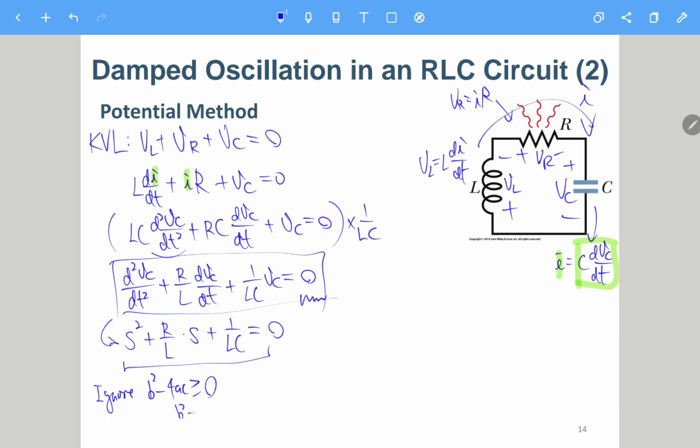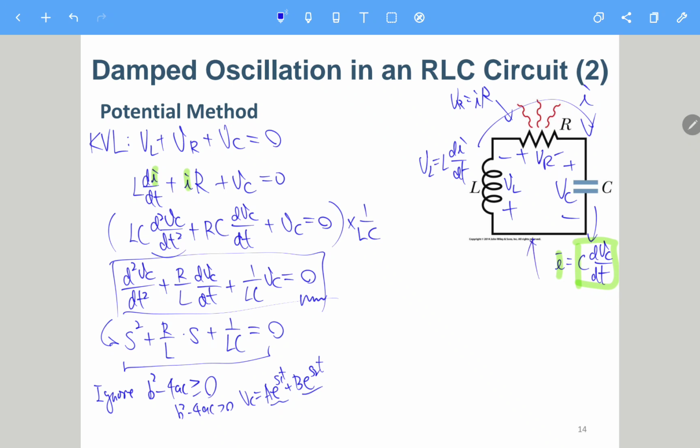When b squared minus 4ac is larger than 0, Vc equals A exponential to s1t plus B exponential to s2t. So this is just exponential decay. Usually s1, s2 will be negative if the circuit is stable.